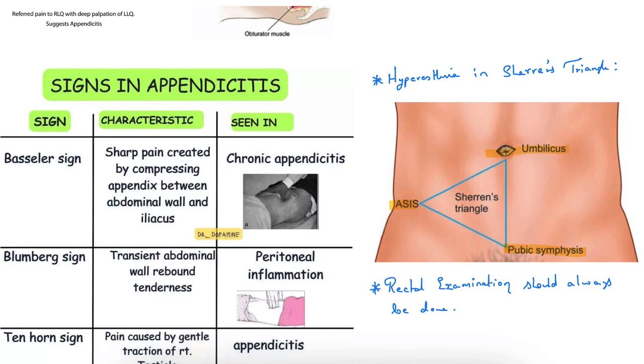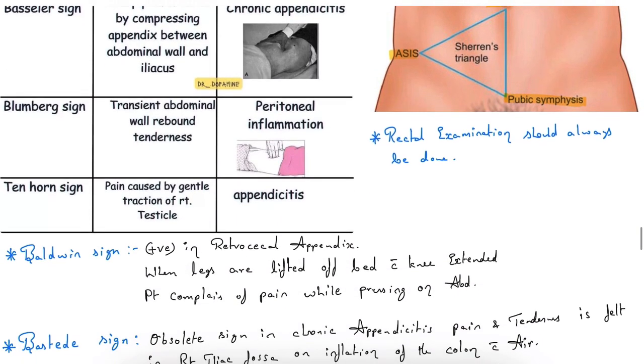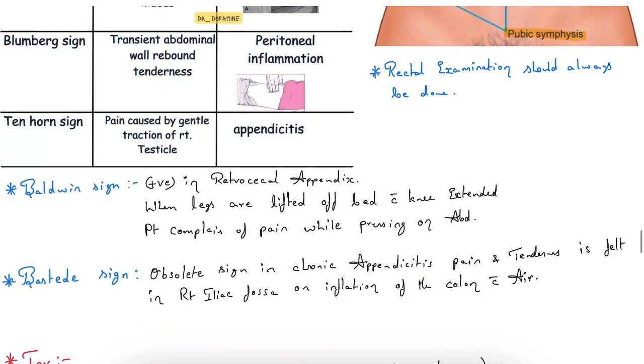In between you can see a triangle, which we call Sherren's triangle. Hyperesthesia in Sherren's triangle is very important. And a rectal examination should always be done before ruling out appendicitis. Rectal exam we always have to do.